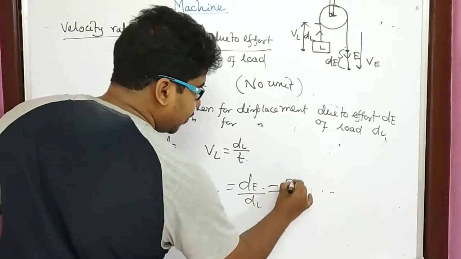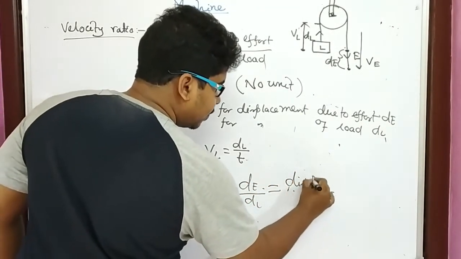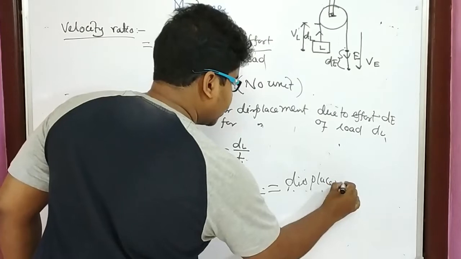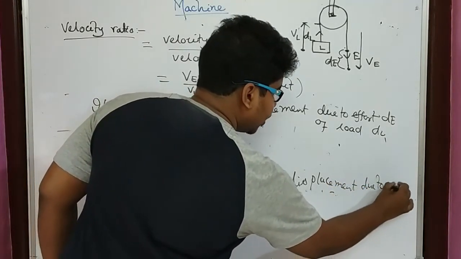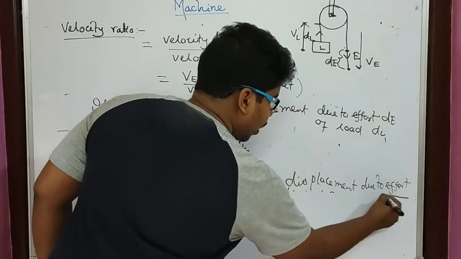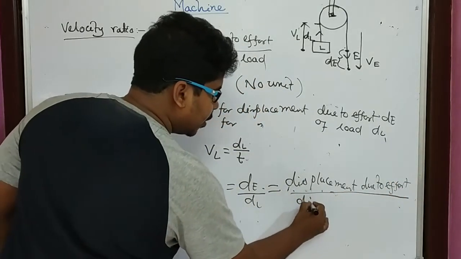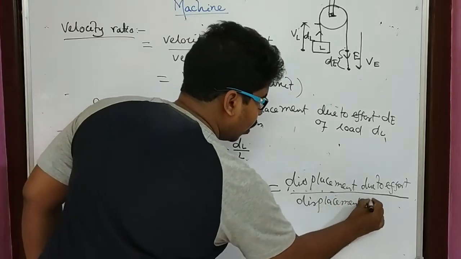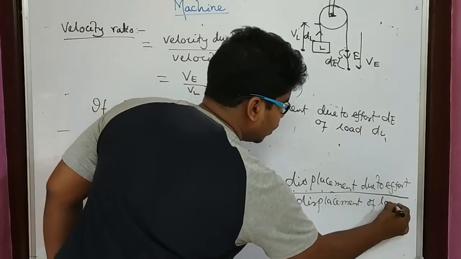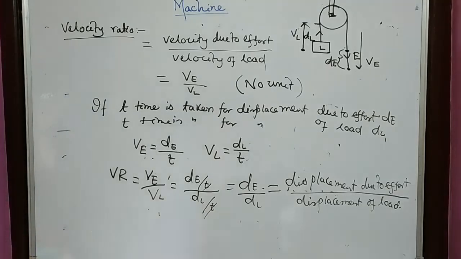So we can write displacement due to effort by displacement of load. That is also known as velocity ratio.